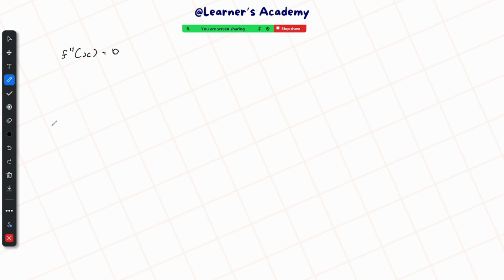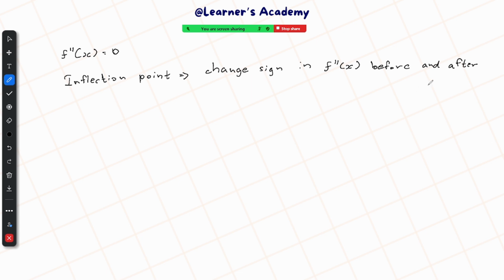Right. So it's not always the case that we will find an inflection point if we find x using the second derivative and equate it with 0, because in order for an inflection point to exist, it has to change sign in f of x before and after the point.